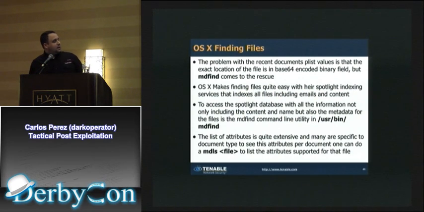So when I go into mdfind, it is /usr/bin/mdfind. One of the things I can do is search by metadata attributes on documents. I can grab a Word document or Excel document, and if I want to see the type of metadata that each type of document saves, I can do an mdls on the file, and it will give me that list, so I know what to look for.